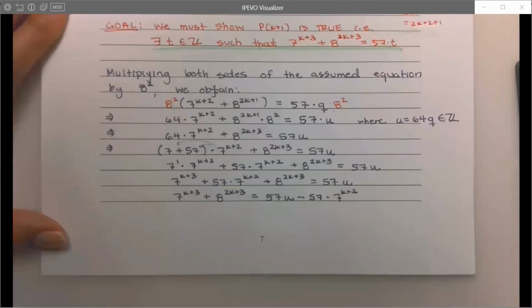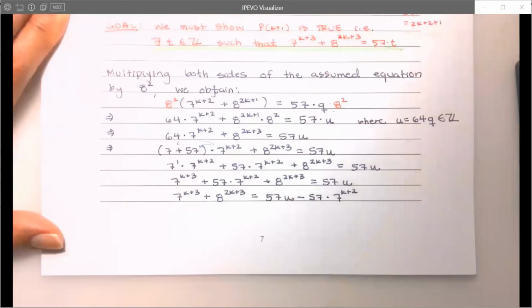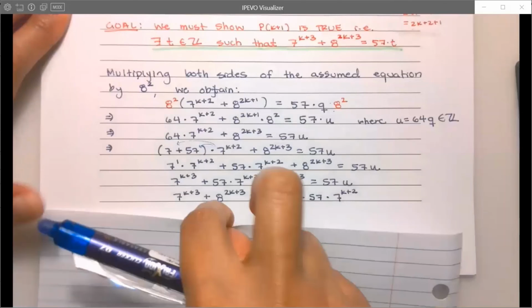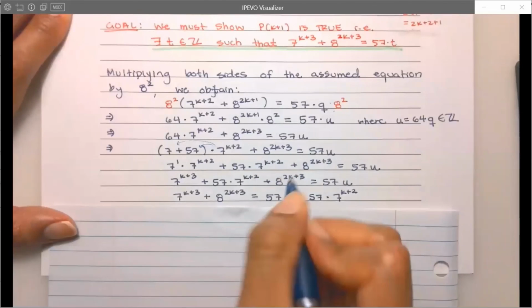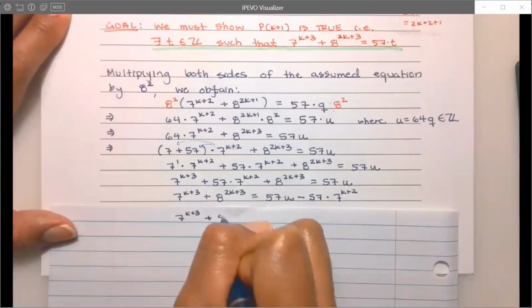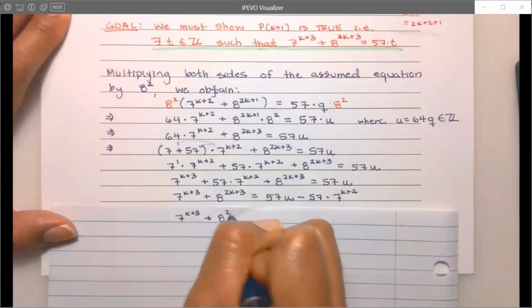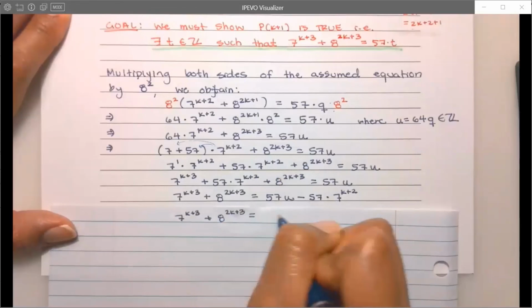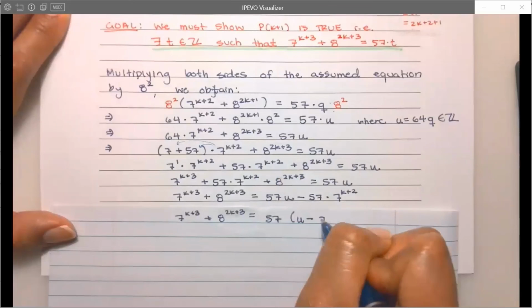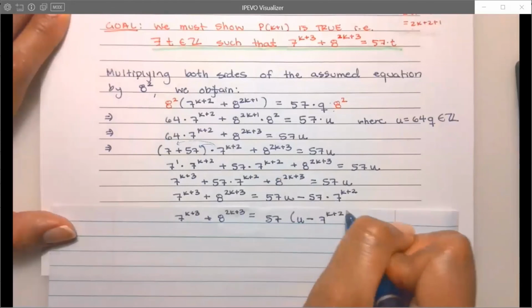Okay, what's next? Well, after that, we can factor out a 57 from the right-hand side. So meaning we could write this as a 7 to the k plus 3 plus 8 to the 2k plus 3 is equal to a 57 times a u minus 7 to the k plus 2.